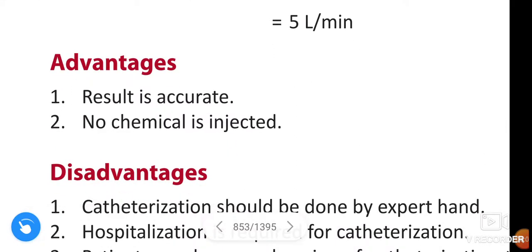Next, advantages. The result is accurate, and no chemical is injected.